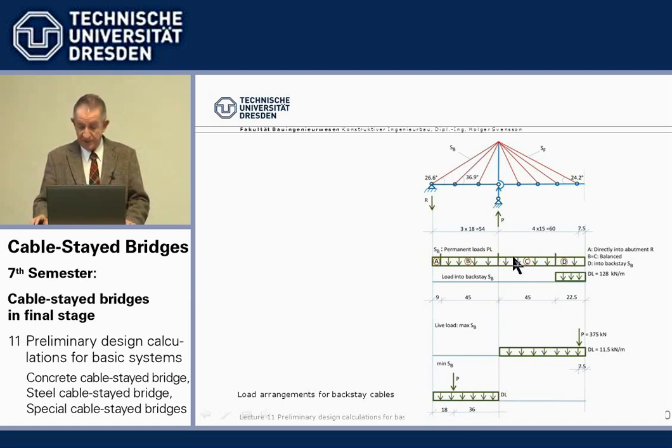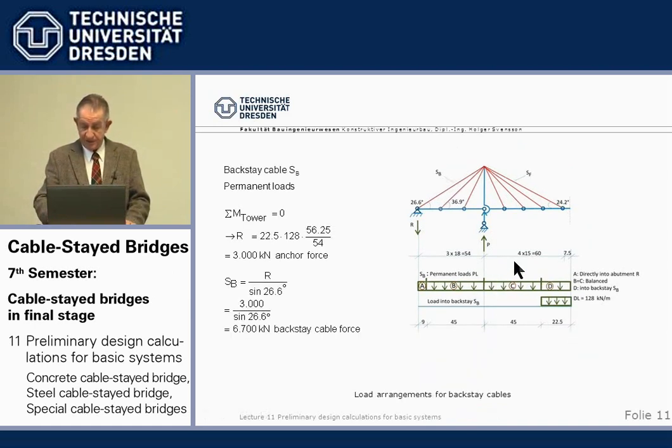Now we look into the dead load moment distribution and calculation of the backstay cable forces from dead load. Here we have spread out the dead load as it is on the beam.